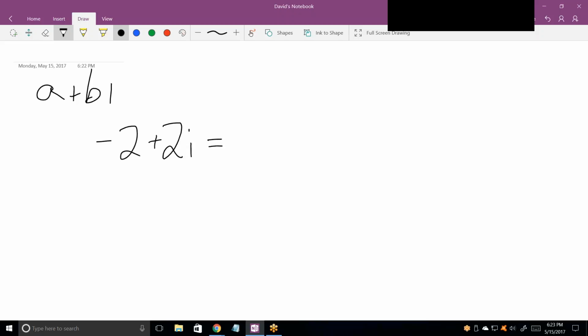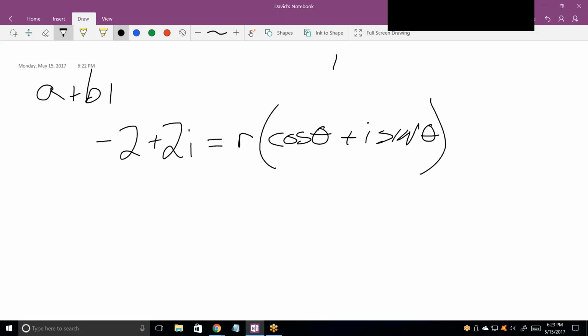It's equal to r times the cosine of theta plus i sine of theta. That's the polar form. What is r? R is the square root of a squared plus b squared. So what is r in this case? 2 root 2.